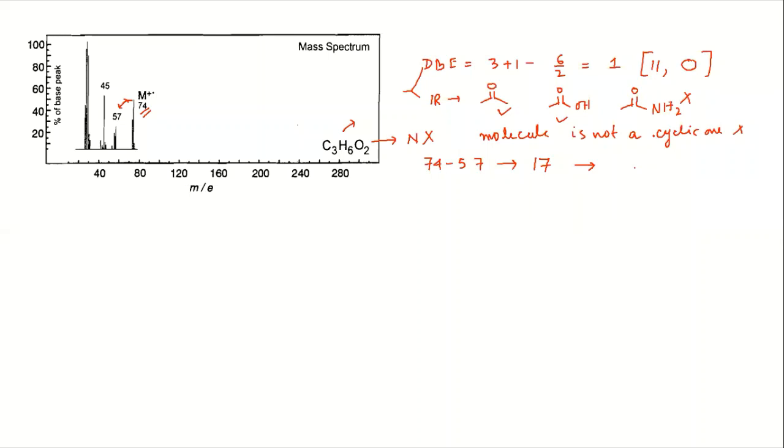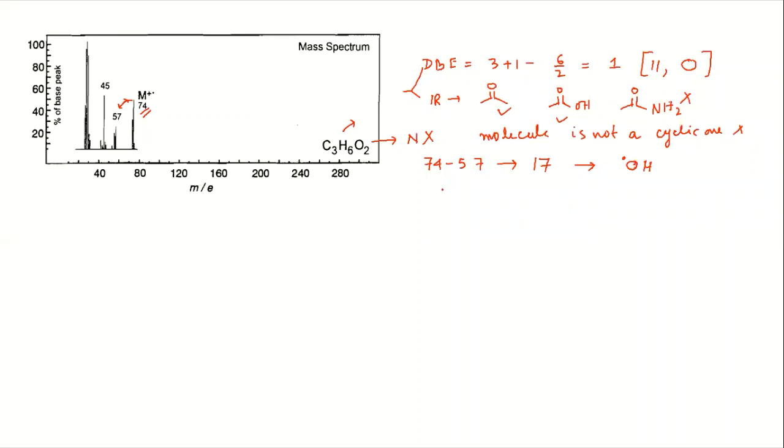It will not form. You have to think like either you have a radical or one neutral molecule. 17 is very easy. You have OH dot. Yes, sir, OH dot.